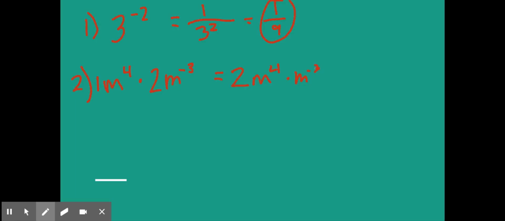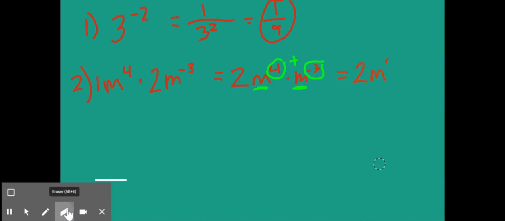Now remember, with one of our exponent rules, when we're multiplying and they have the same base, and in this case, they both have a base of m, you're going to take those exponents and you're going to add them together. So 4 plus negative 3 actually just gets you 1. So we have 2m, and we do have to the 1st power, but anytime something has an exponent of 1, you don't need to write it at all.